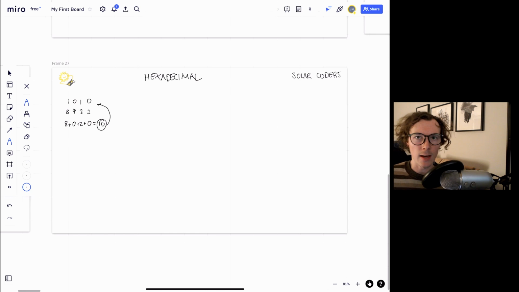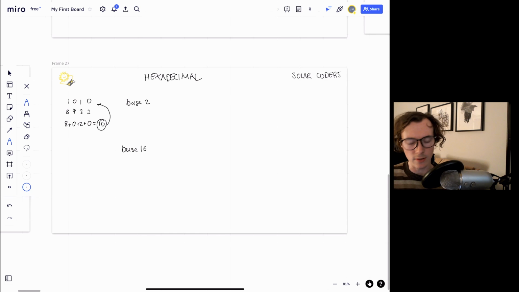Now the thing is that hexadecimal comes up a lot when you're coding, and it can confuse people. They don't really know what it is. They think it's like this new gibberish. But the only difference between binary, which is a base 2 representation of numbers, is that hexadecimal is base 16, right?